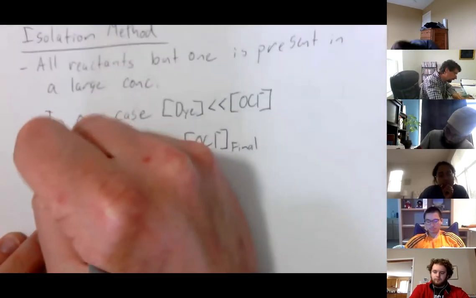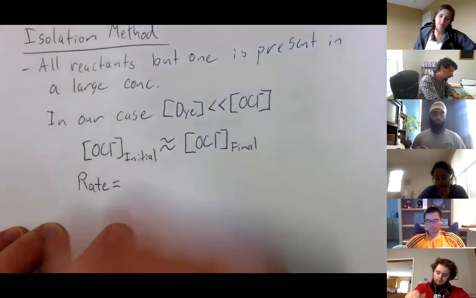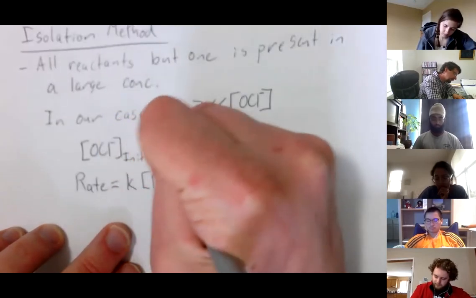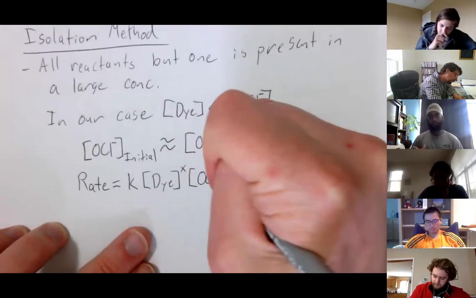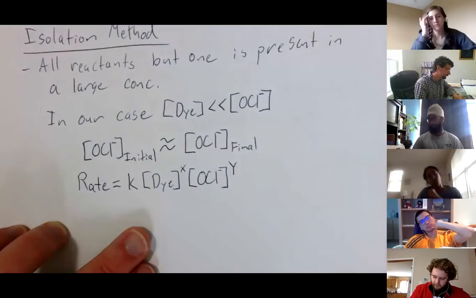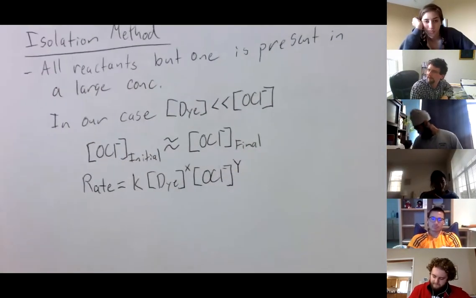Let's jump back to our rate law. We said rate is equal to our equilibrium constant, we had our dye raised to the power of x, and we had our hypochlorite raised to the power of y. So can we simplify this in any way?